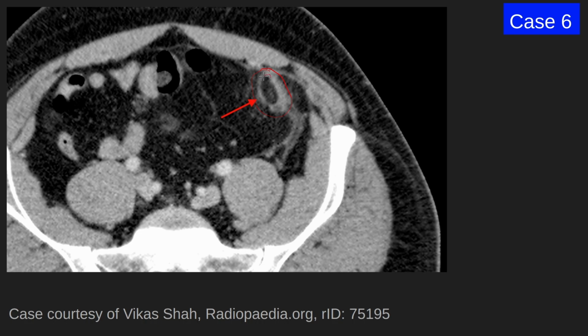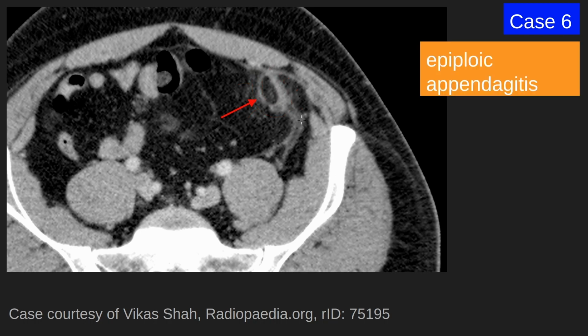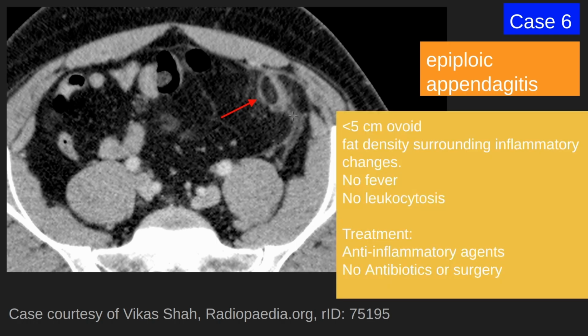So this is a circumscribed area of fat with adjacent soft tissue thickening and inflammatory changes all around it, in the left lower quadrant. This is a very typical imaging appearance of epiploic appendagitis, and it can be confused with other causes of lower abdominal pain, such as appendicitis or diverticulitis.